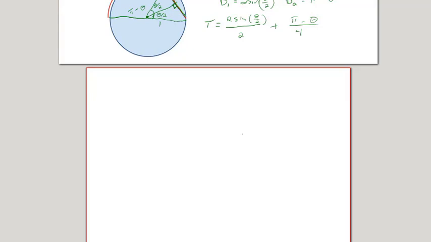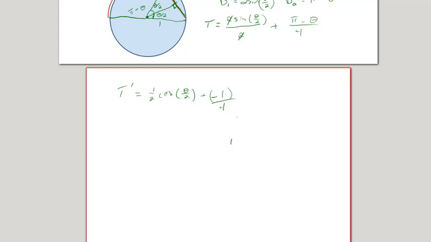All right, so what we want is t prime in terms of theta. So let me simplify this a little bit. I can just take the derivative of sine of theta over 2, which is 1/2 cosine theta over 2, plus negative 1 over 4 for the derivative of pi minus theta over 4.